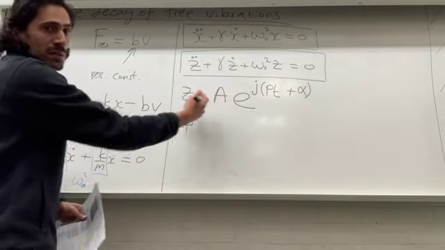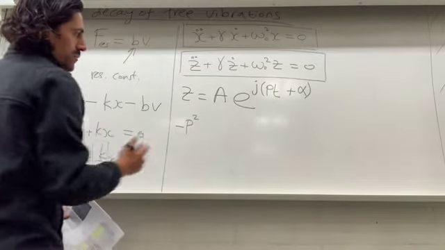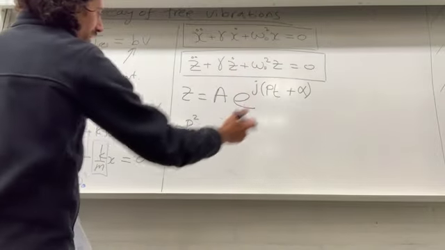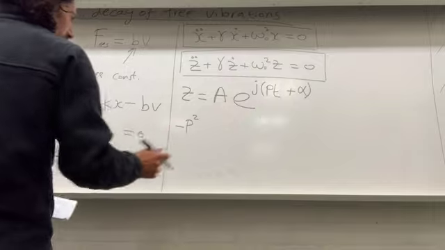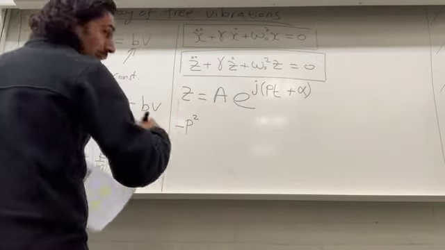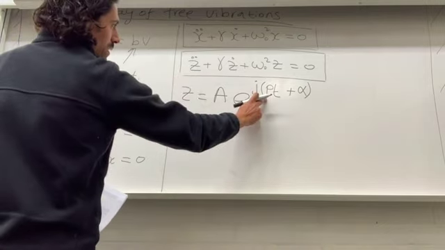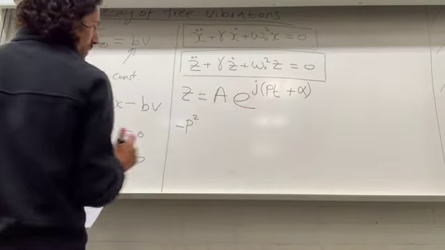So I don't really need to carry on and multiply everything with the exponent here. I can leave it outside for later on, and later on we're going to drop it completely. So the first term would give me a minus p squared times everything.